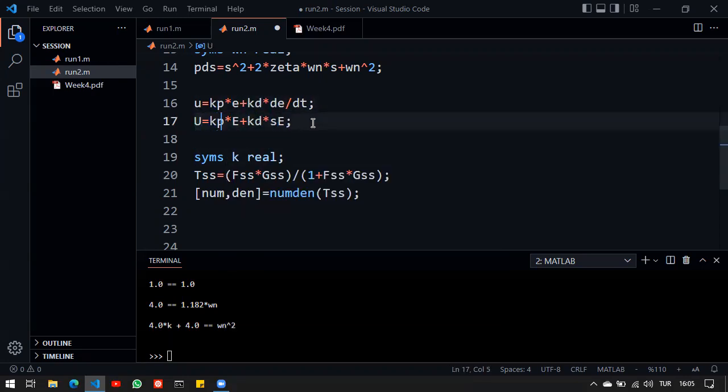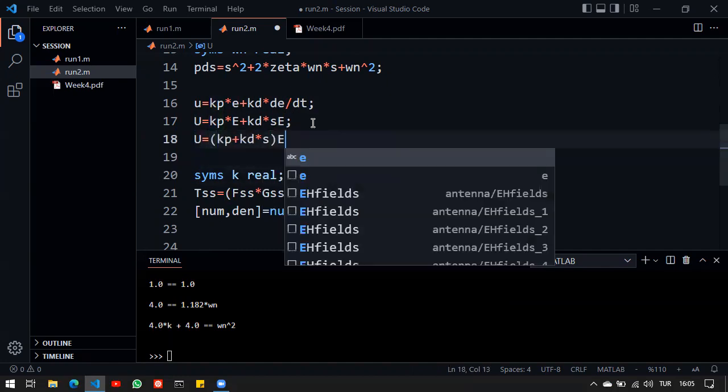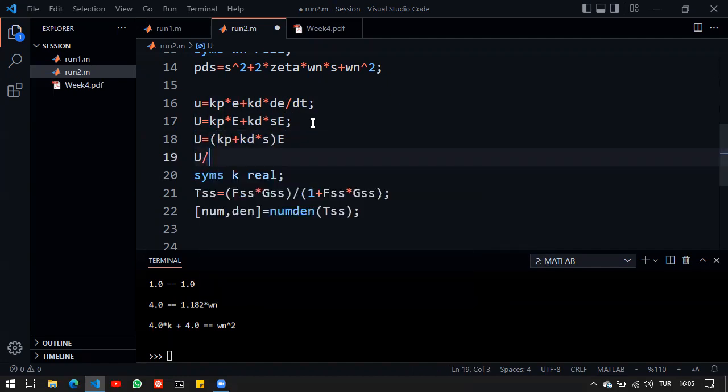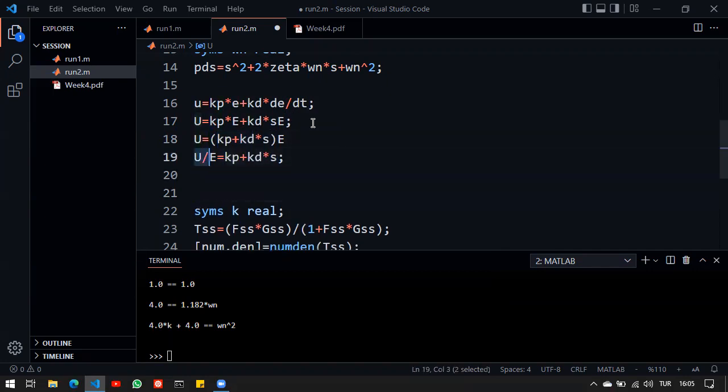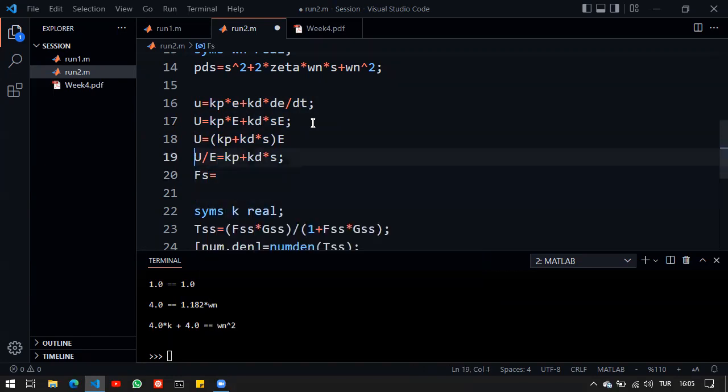Since I have e as a common factor here, I can convert this into kp plus kd times s, times e. So if I define the following transfer function, I'll end up with kp plus kd s. And u divided by e is actually the control signal divided by the error, which is F(s). So the controller transfer function is kp plus kd times s.